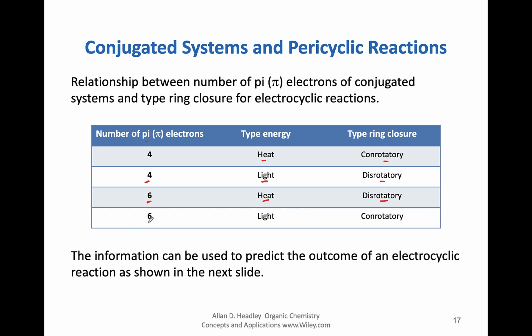And of course, if you have 6 pi electrons and supply energy by light, it will be a conrotatory closure. So again, this table will become very important in terms of applying these concepts to predicting the product of reactions. And we have some examples on the next slide.